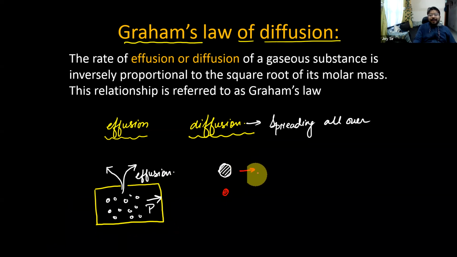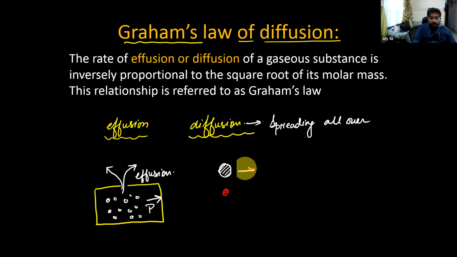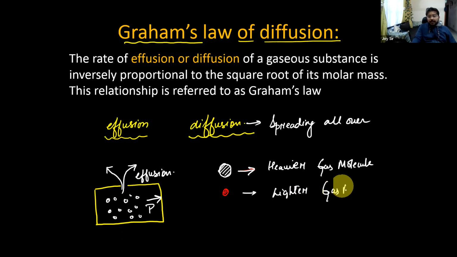This is the heavier gas molecule, and this is the lighter gas molecule. The heavier gas molecule will diffuse, will spread slowly, but the lighter gas will spread very, very fast. The lighter the gas, the faster it goes.